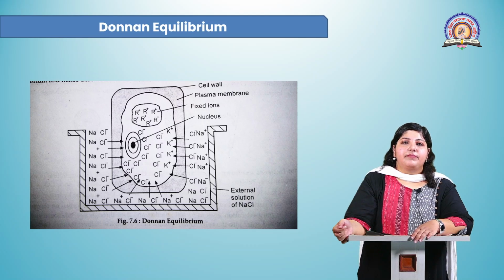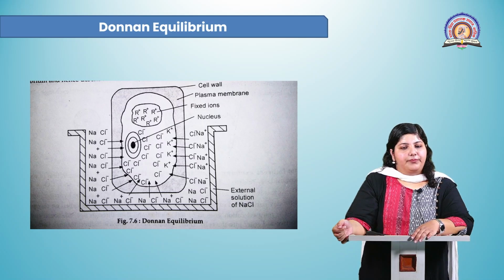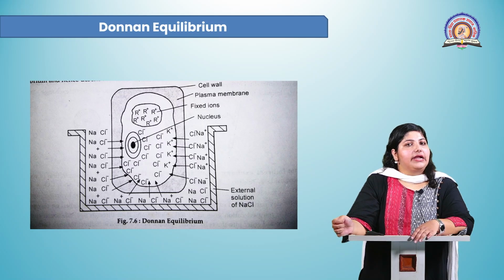You can see a plant cell placed in an external solution of sodium chloride, in a glass container. In an aqueous medium, that sodium chloride will tend to dissociate into its ions.